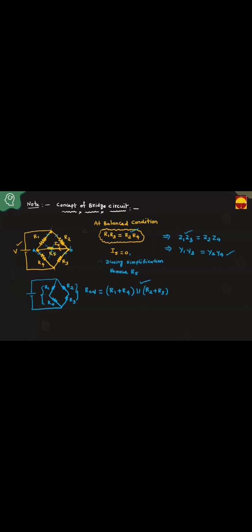Between A and B points, R5 is connected. I5 is 0, so what is VAB? VAB, that is VA minus VB, equals 0. That is, the voltage across this R5 resistance is also 0. At which condition? Balanced. If the bridge is at unbalanced condition, how to analyze?